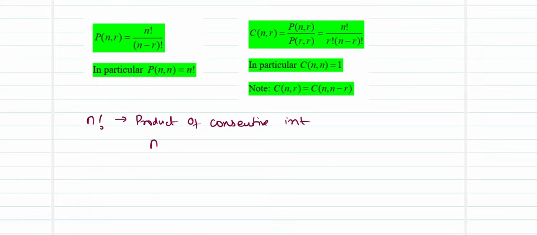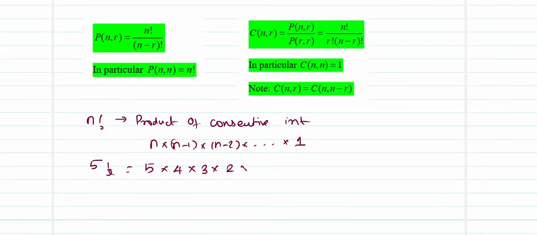That is, n into n minus 1 into n minus 2 and so on, multiplied till 1. So if I have 5 factorial, it is nothing but 5 into 4 into 3 into 2 into 1. As such, we can make use of a calculator to estimate the factorial of any given quantity.